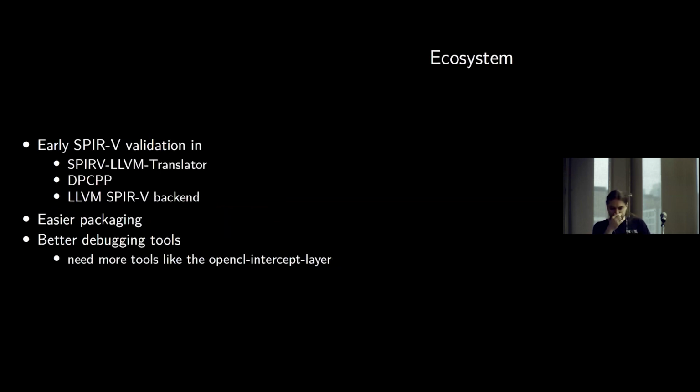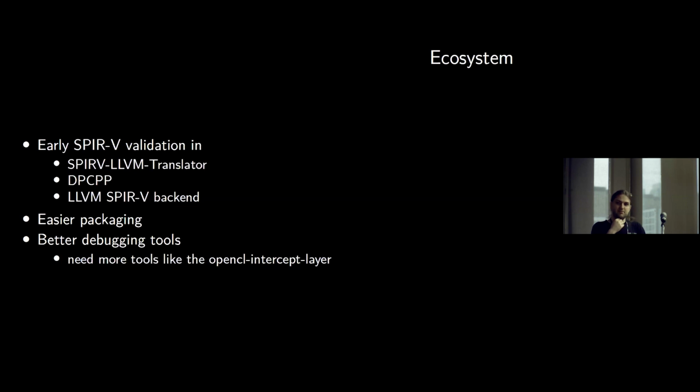I also have some thoughts about the ecosystem in general. Some of you might have seen that I was filing a couple of spurious validation bugs for DPC++. That's something I'm a little bit troubled with, that there's a lot of invalid SPIR-V going on, and it's especially difficult for alternative runtimes to deal with it.